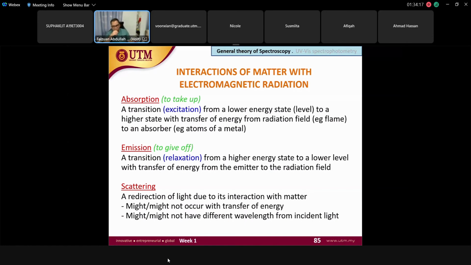For emission, normally we use single elements or atoms, not molecules. When the atoms absorb the energy from the burning process by flame and so on, then after some stage they will emit all the energy back.